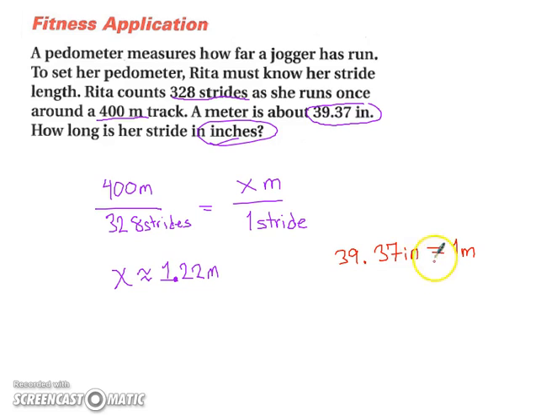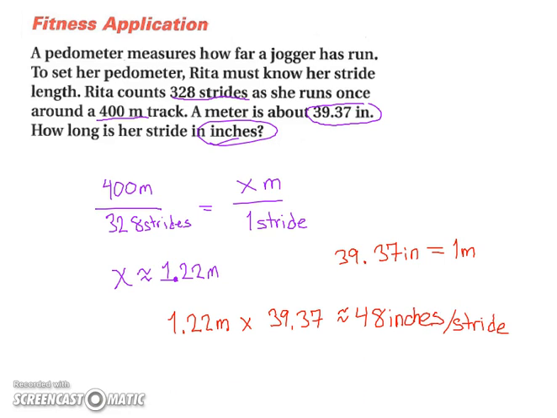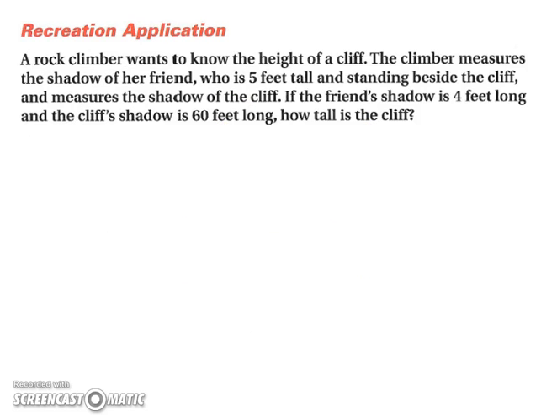So if that's the case, we can simply take our 1.22 meters and multiply that by 39.37, and we end up with about 48 inches per stride.